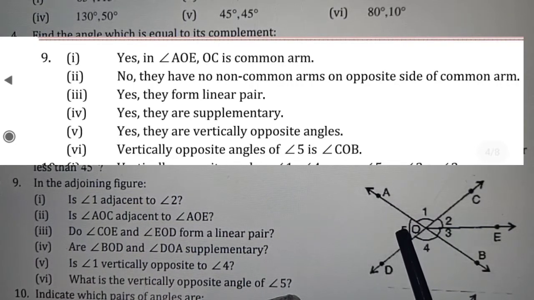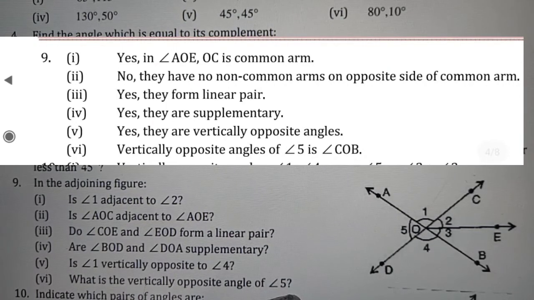Yes, these two angles are supplementary because the sum of angle 4 plus angle 5 is 180 degrees. As you can see, it starts from here and ends on the straight line, where the angle formed is 180 degrees. Yes, the answer to the fourth is also yes because they are a supplementary pair.